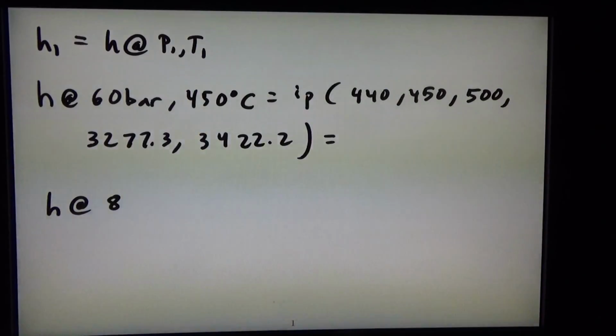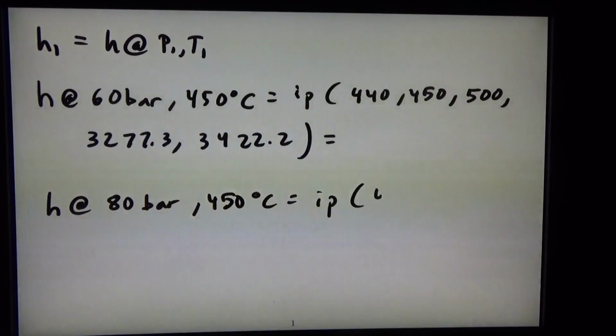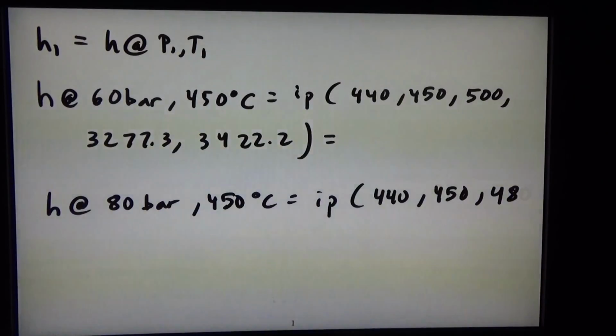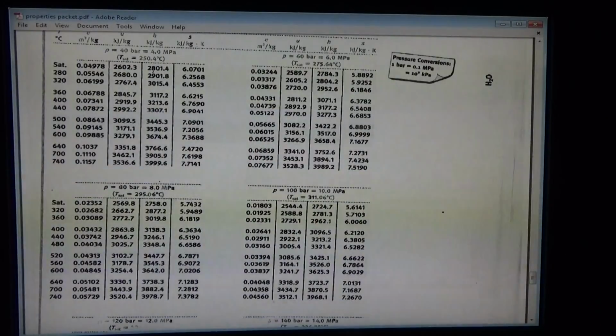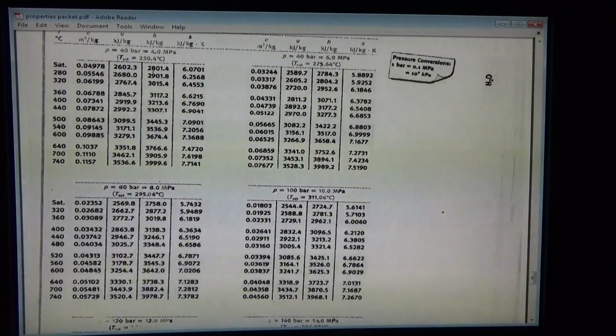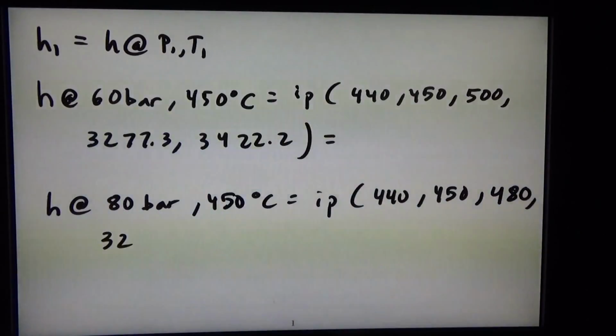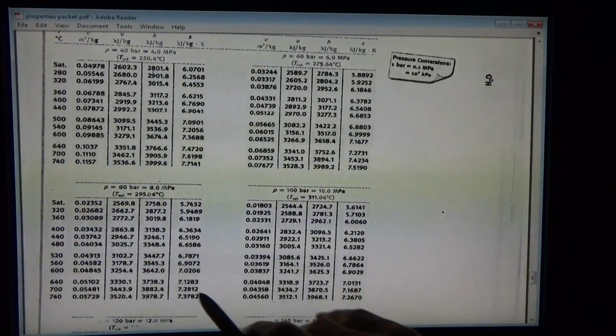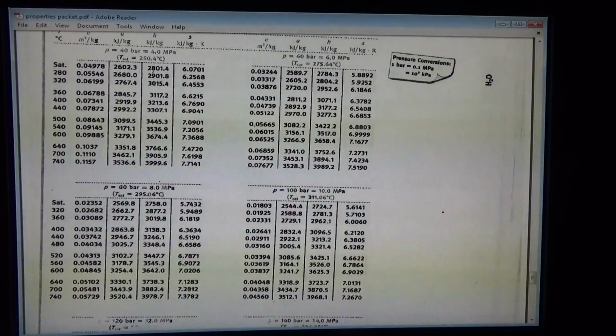Then H at 80 bar and 450. We're interpolating between 440 and 480. At 440 and 80 bar, our value of H is 3246.1. And at 480, 3348.4.